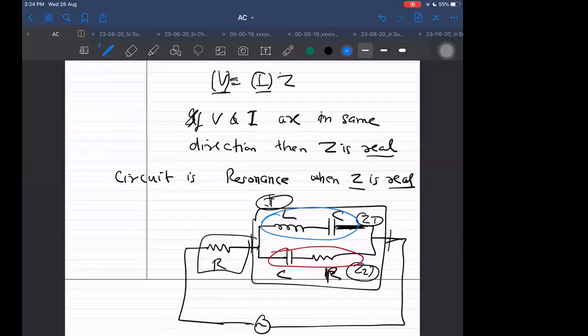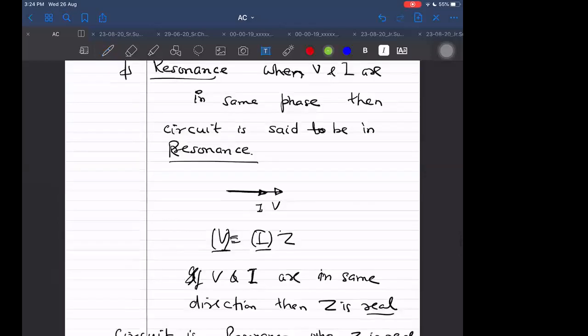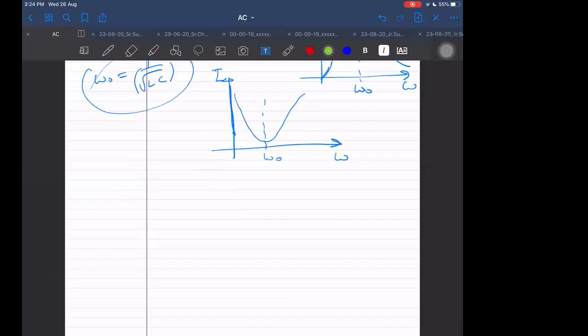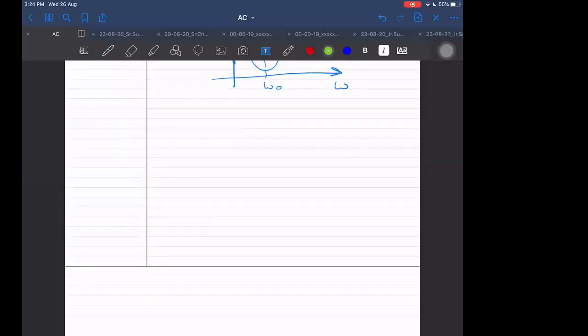So what is the main condition for resonance? I'm asking again and again, I'm stressing again and again. We define resonance in several ways. Somebody may say a circuit is said to be in resonance when omega is equal to 1 by root LC, but it is not correct. It is in resonance when the reactive part becomes 0 and Z is only real. Or we can say when current and voltage are in the same phase, when I and V are in the same phase.